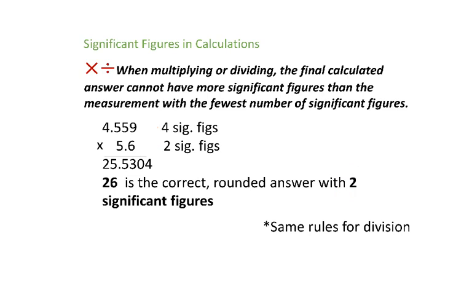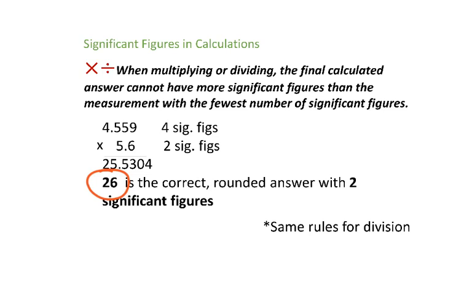So you have to round it. Remember your rounding rules: if it's 5, you round up; if it's less than 5, you round down. So 25.5304 rounded to 2 numbers would give us 26.